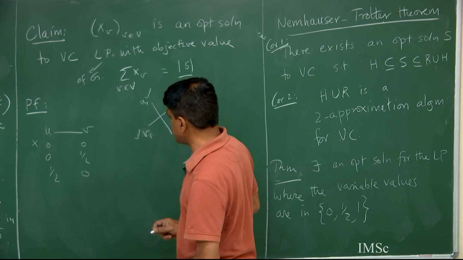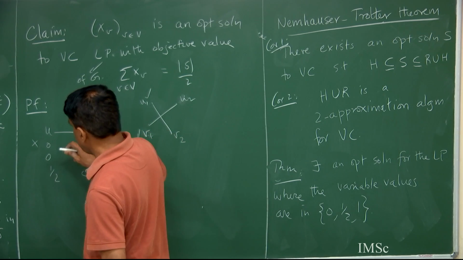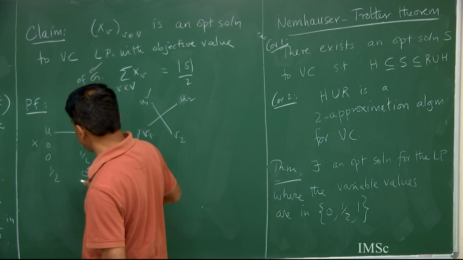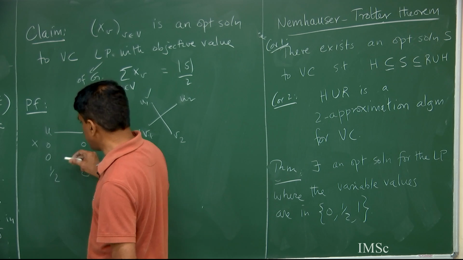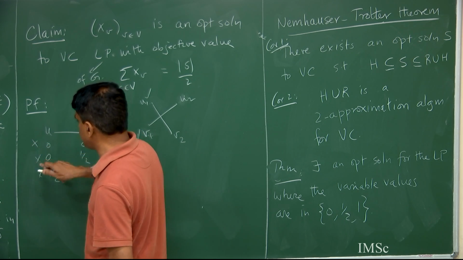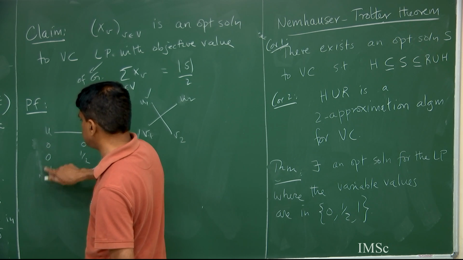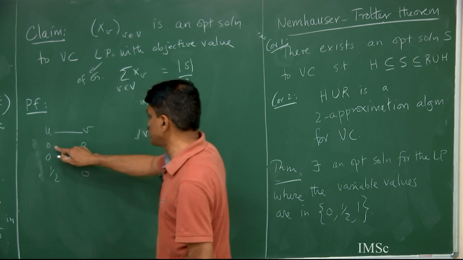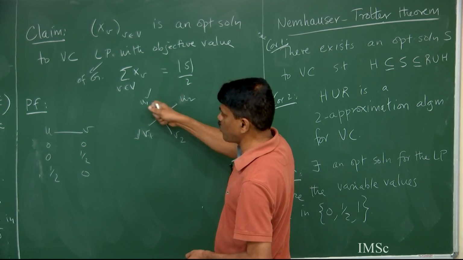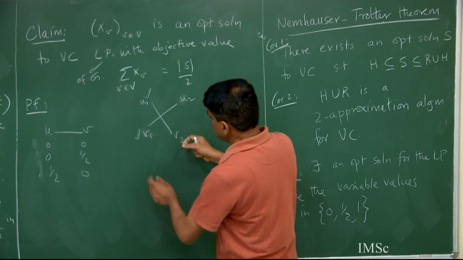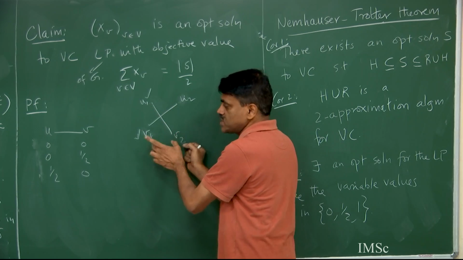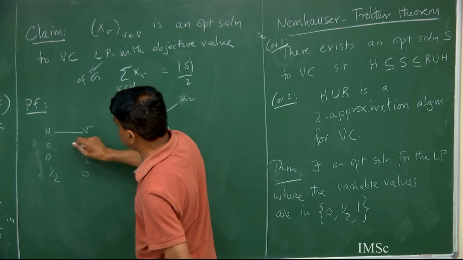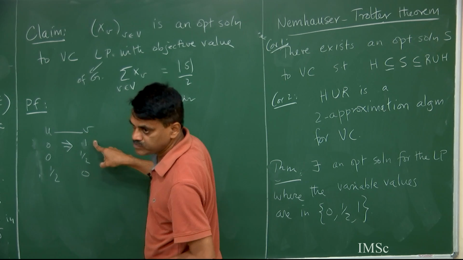So, all I am saying is, suppose 0, 0, 0, half and half, 0 is not fine; half, half is fine, right? That satisfies my constraint. So I claim that none of this is possible. If any one of this is 0, so U is 0 means these two are not picked in the solution. That means that these two are picked in the solution because this has to cover this edge, so this must be 1. This 0 implies 1.